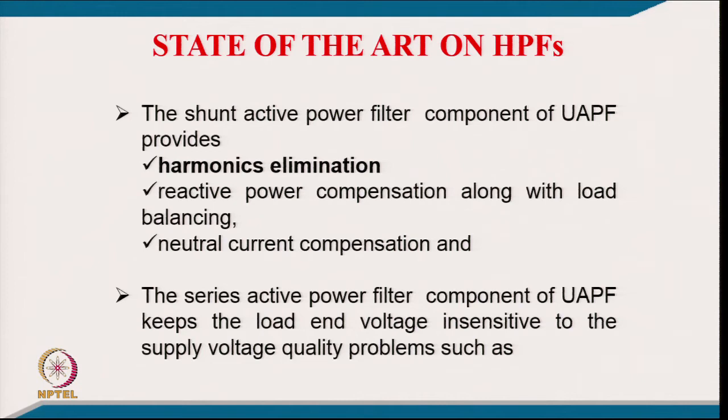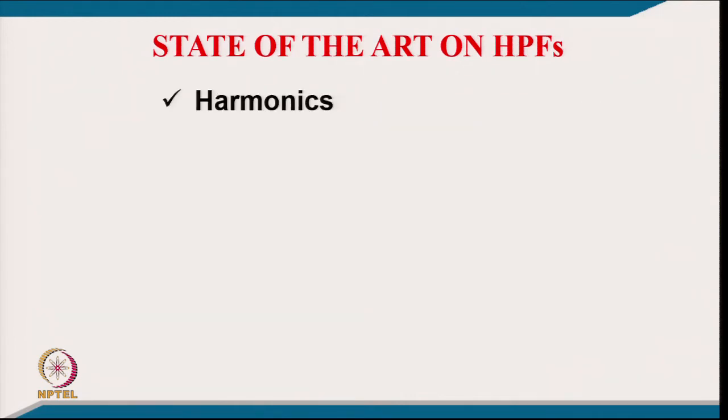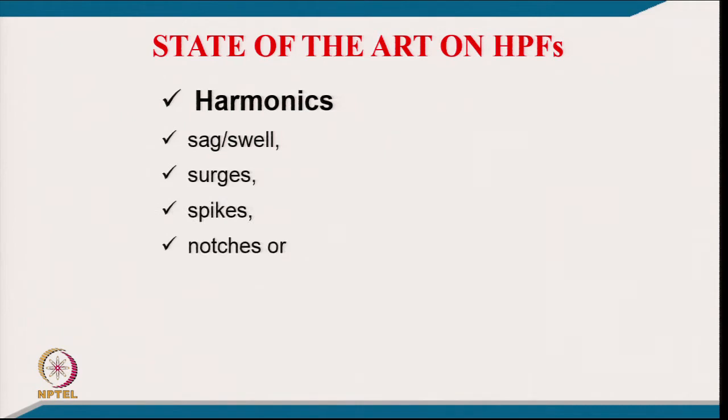The series active power filter component of the universal active power filter keeps the load voltage insensitive to supply voltage quality problems such as voltage harmonics, voltage sag, swell, surges, spikes, notches and voltage unbalance. So, that is what the series active filter part does.